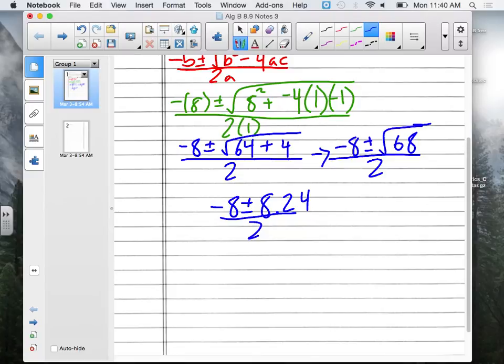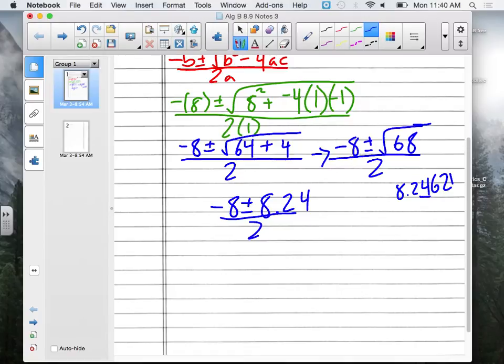Okay, so what's the answer that you get? 8.246211251. Okay, so since we're just rounding to the hundredths place, all we care about is what this number will be, and to determine that, we use the number right after that.